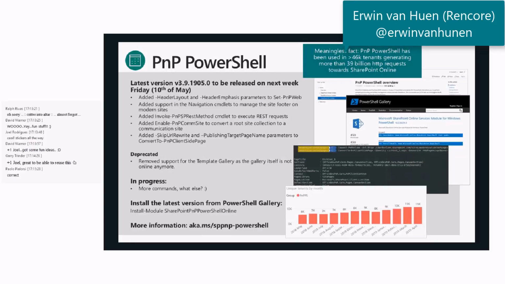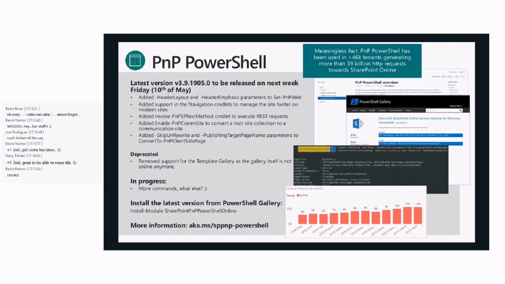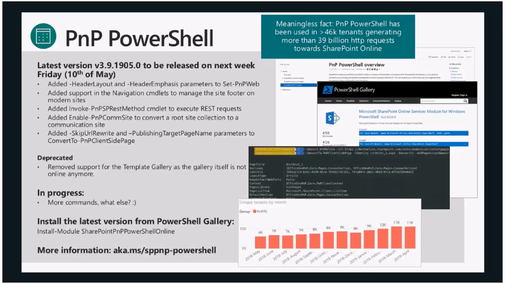So quite some changes here. A lot of them are actually a result of the changes in Core, which is typical as we follow Core very literally. One of the things that stands out here is that through the navigation commandlets, you can now manage the site footer. As you might be aware, the site footer is part of the navigation node collection in SharePoint, but it's a bit hidden away.